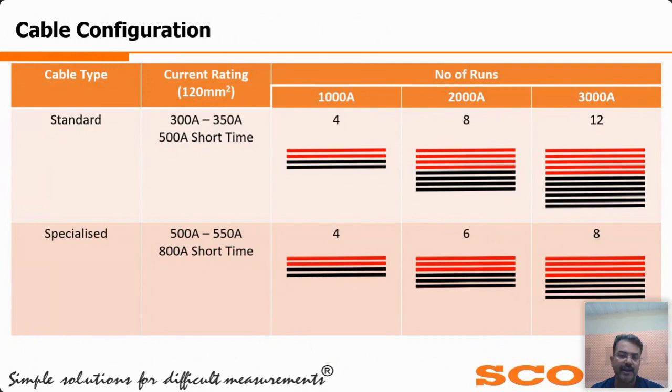So we require 8 cables. But if we divide 2000 by 800, we get roughly 2 point something. So with 3 parallel cables going and 3 for the return current, with 6 cables only, we can send 2000 ampere.